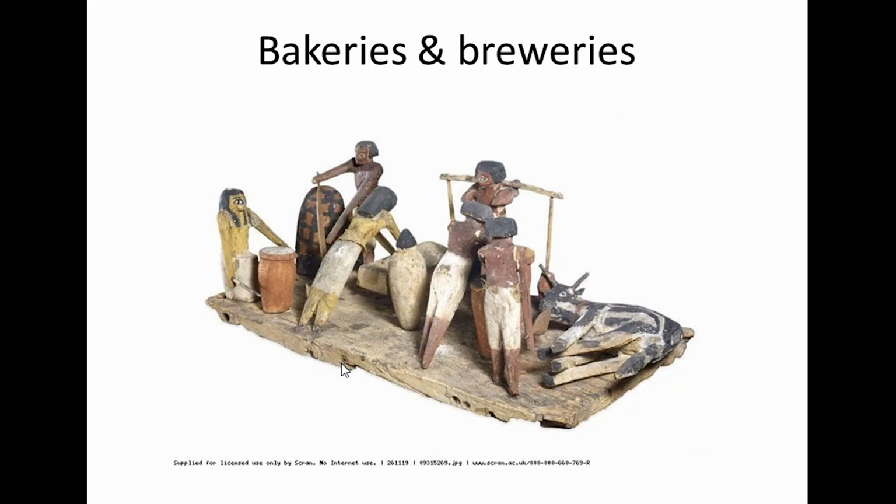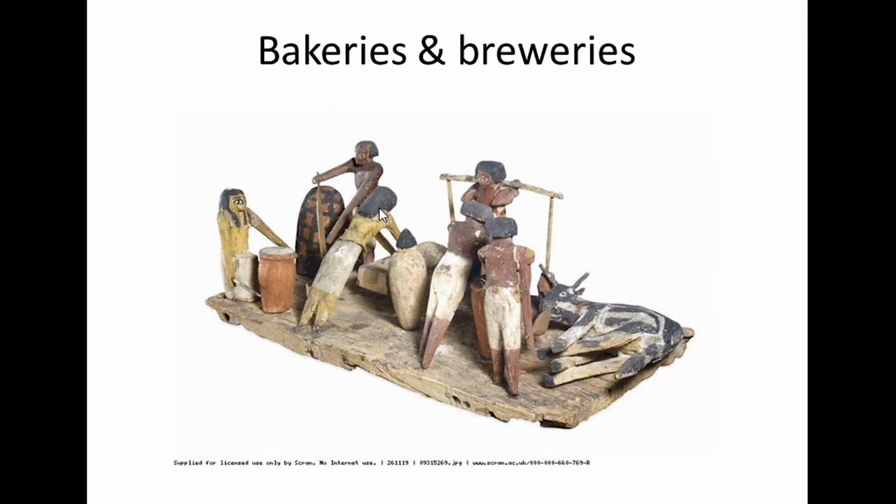So we find models. This is a combined, probably bakery, brewery, and butcher. We have a dead cattle here. There's a person carrying a classic dairy type double shoulder bucket pail thing there, and that looks like an oven.